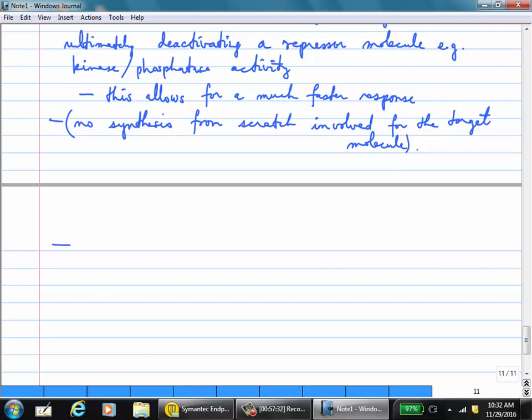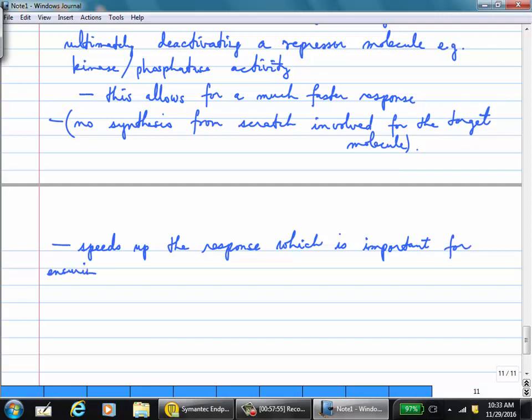So this speeds up the response, which is important for ensuring the survivability of an immobile organism in a hostile environment.